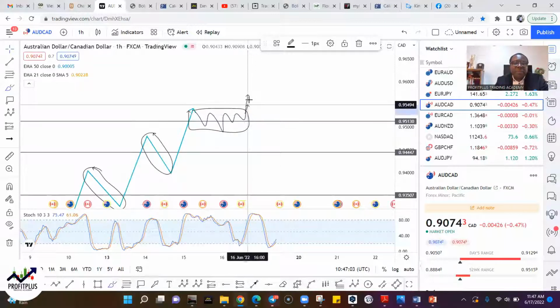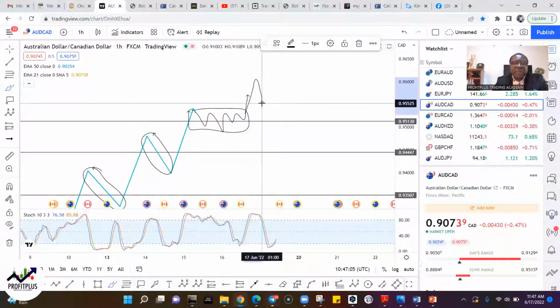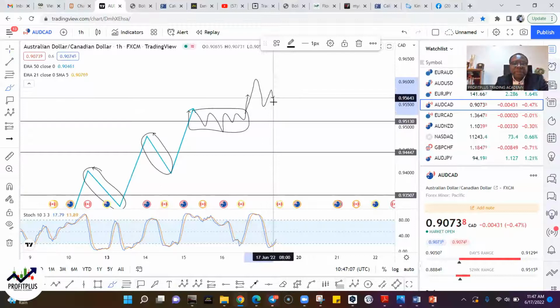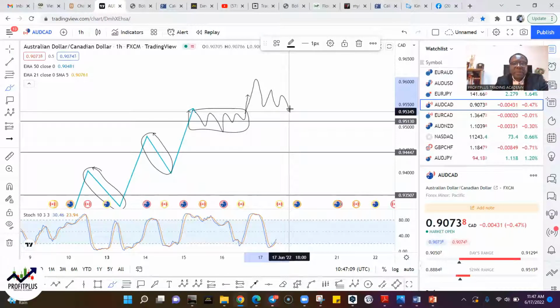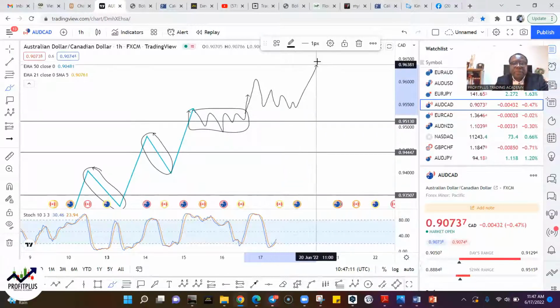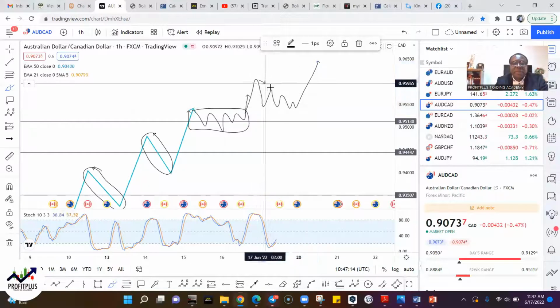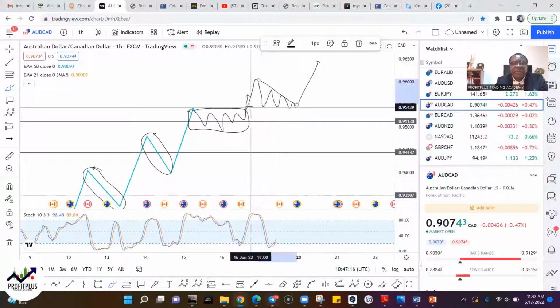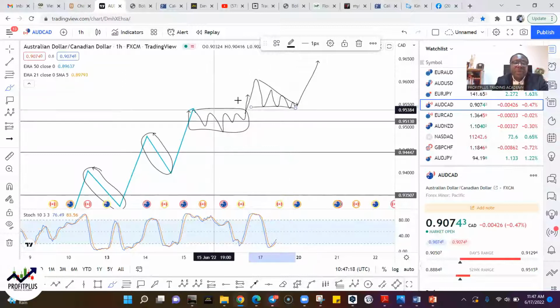The market could move this way, and now it's something like this, and then push up. So you can see a triangle kind of shape here. You identify it and then wait for a breakout.